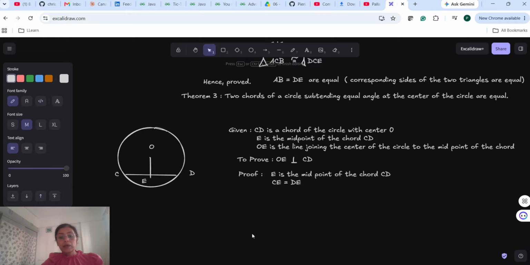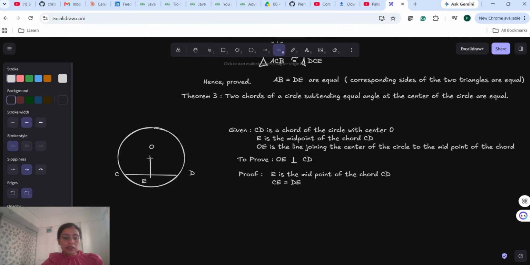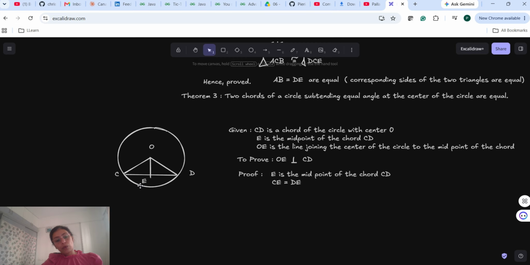Now another thing we can do here is join the center of the circle to the endpoints of the chord. Okay, so I joined OC, I joined OD, right?